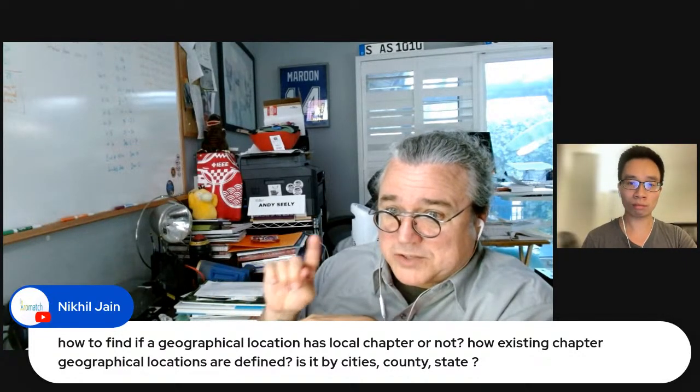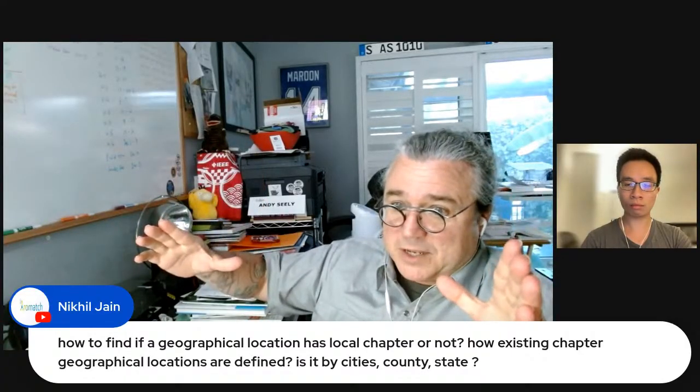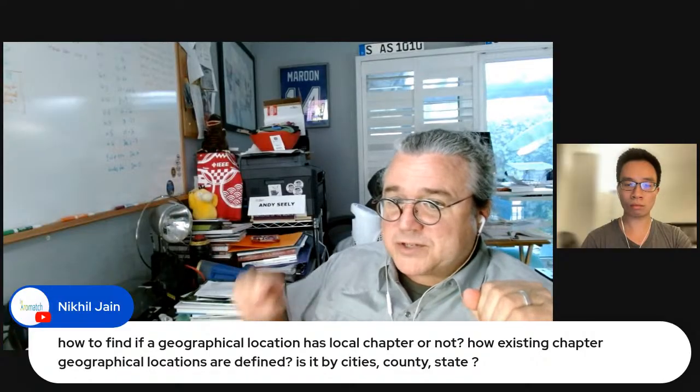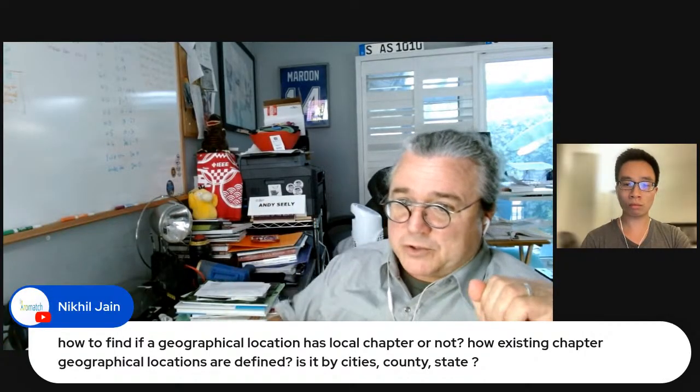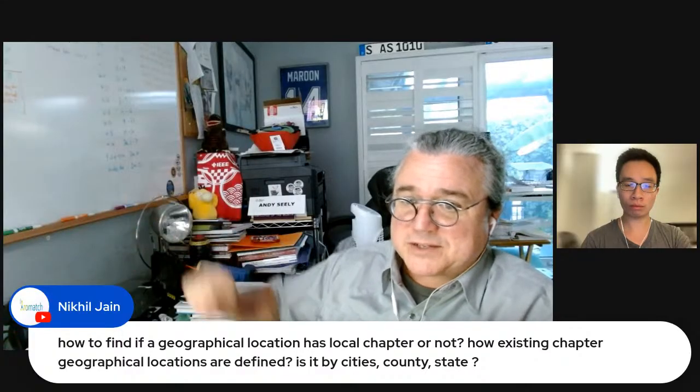It's defined by zip code. So at some point, membership and geographic activities of IEEE, not the Computer Society, but of IEEE, laid down a map of the United States and drew physical boundaries. And in those boundaries they said, all the zip codes in this boundary are in this section, and all the zip codes in that boundary are in that section.